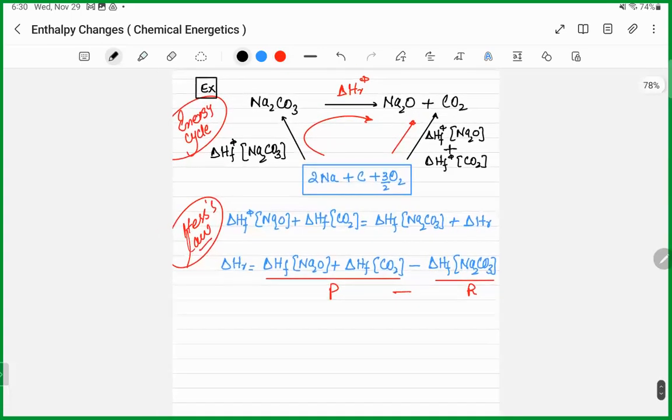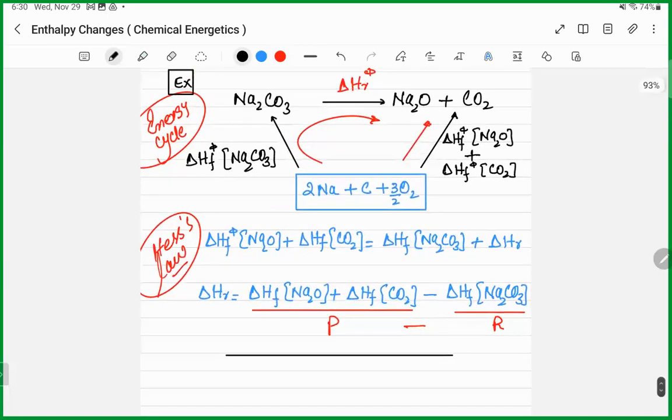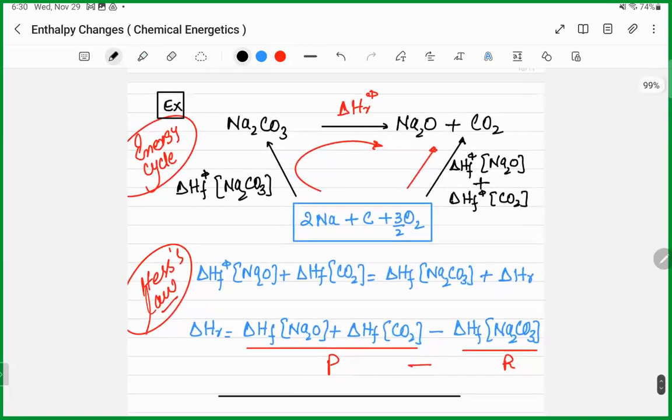Then, beta, any confusion in this one? Let's copy this down, and then we will do a bit of calculation based on the data of formation.